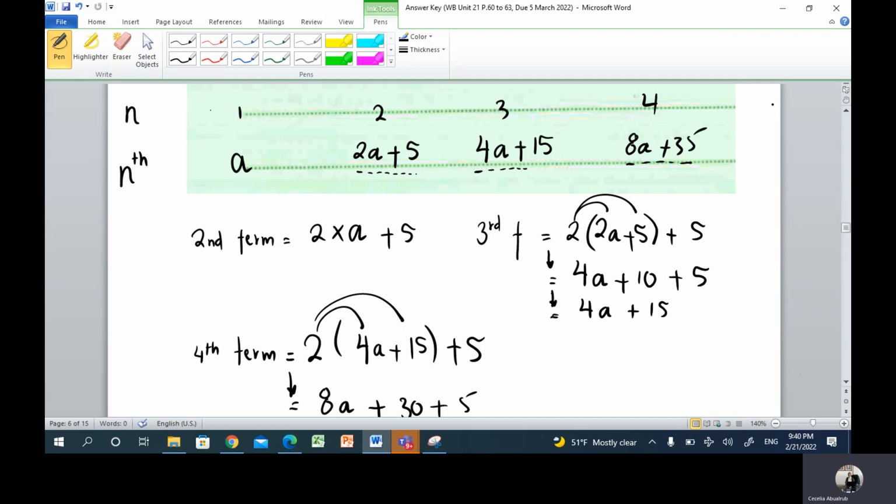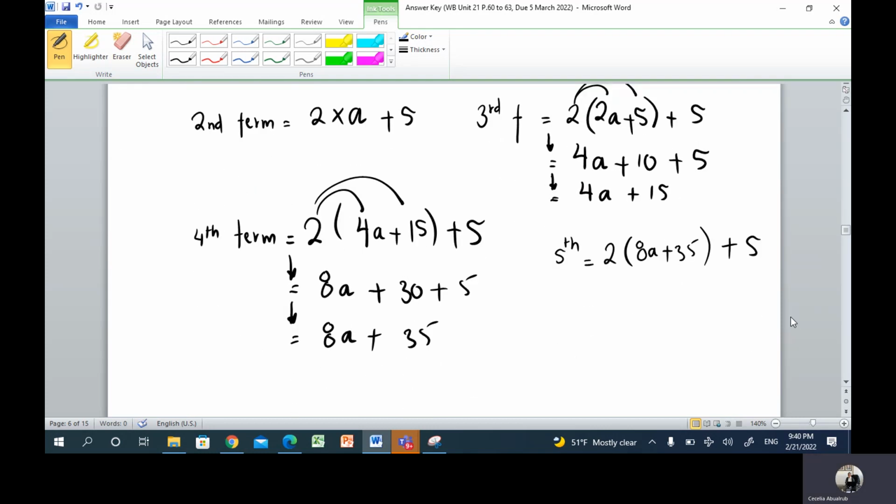Okay, so if we want to find the fifth term, the previous expression is 8a plus 35. So the fifth term is equal to 2 times the previous expression, 8a plus 35, plus 5. And here we need to expand: 2 times 8a, 2 times 35.